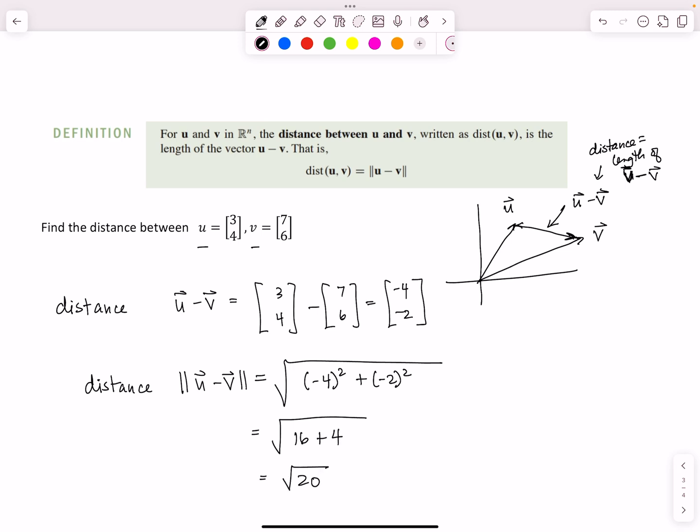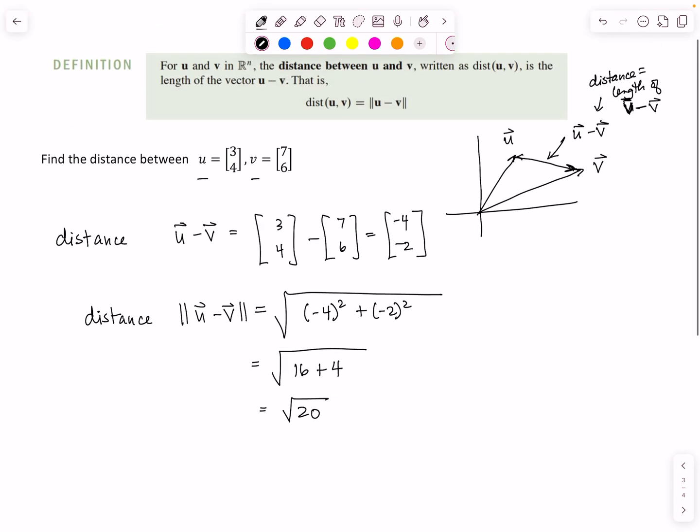And that's the distance between them. This really is just the Pythagorean theorem. And I hope you see that it doesn't matter if I did u minus v or v minus u, because the only difference between these is these two signs, and when I square, it doesn't matter. So that's how we find distance.